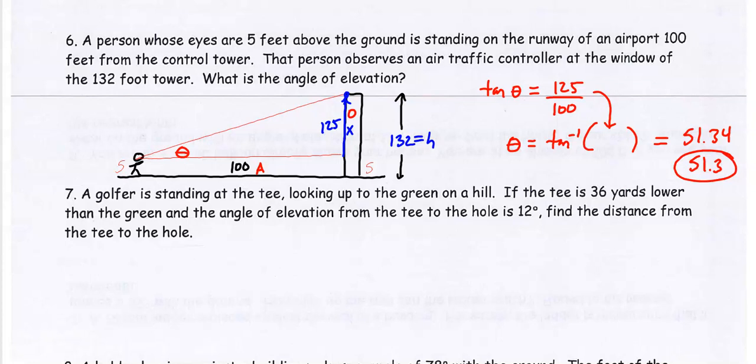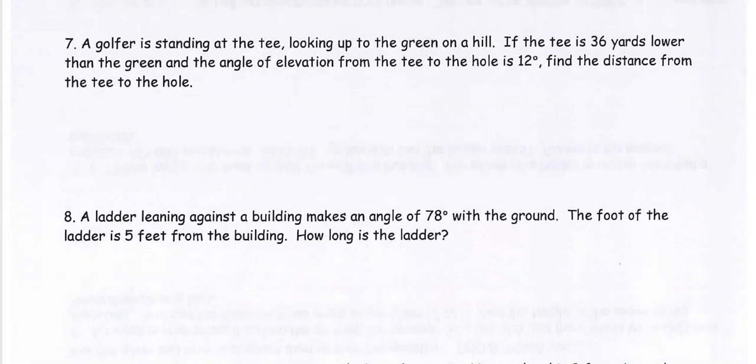And actually I screwed up a little bit because when I take away 5, this should have been 127. So tweak that a little bit, 127. So second tan, 127 divided by 100. And that's going to change it to 51.78, which will be 51.8 when it's all said and done. Sorry about the little screw up there.